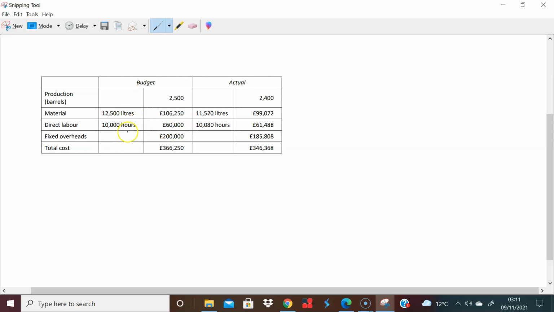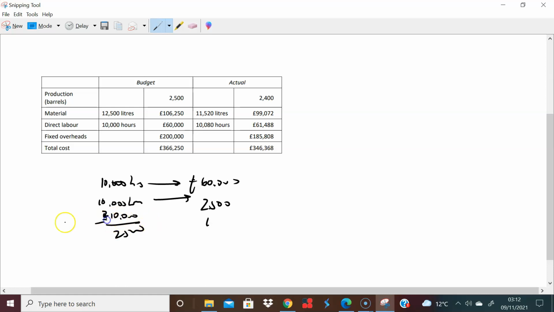For labor, we know that you should use 10,000 hours and spend 60,000 pounds. And you need 10,000 hours to make 2,500 barrels. So one barrel should be 10,000 divided by 2,500. So one barrel should take 4 hours to make.